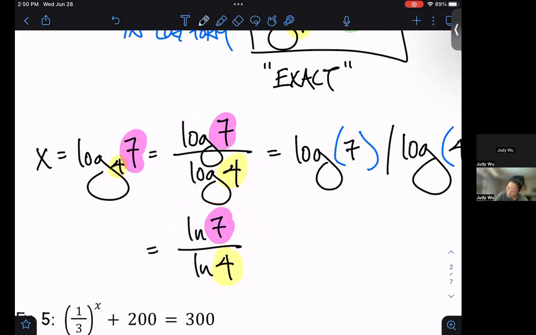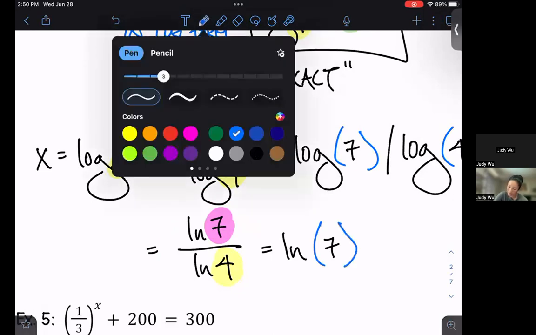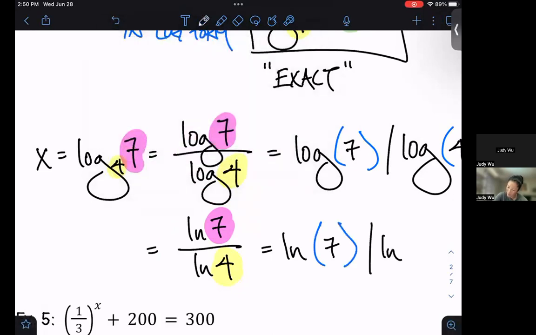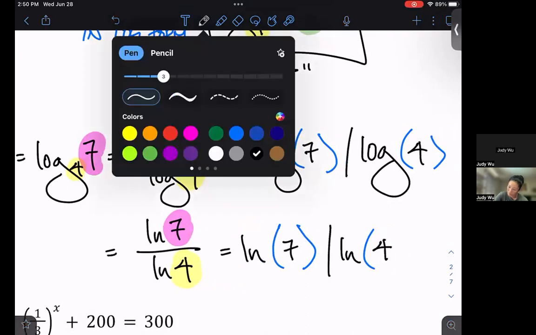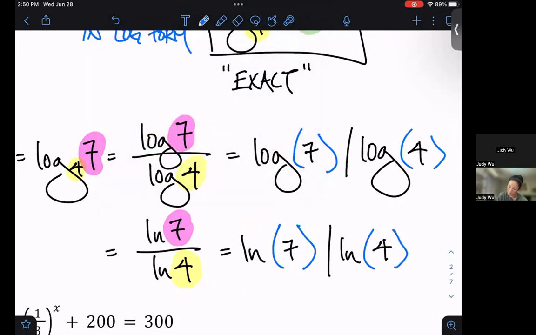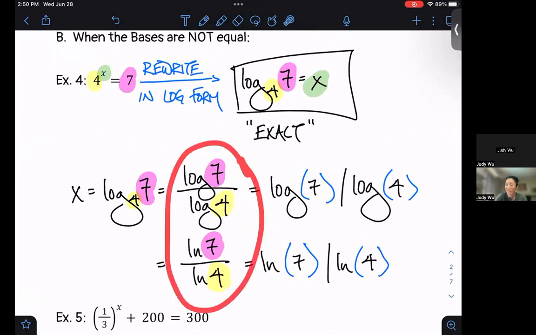Same thing, if you want to type this into the calculator, ln, open, 7, close, and then divided by ln, open, 4, close. So there are 2 different ways that you can type this into the calculator.